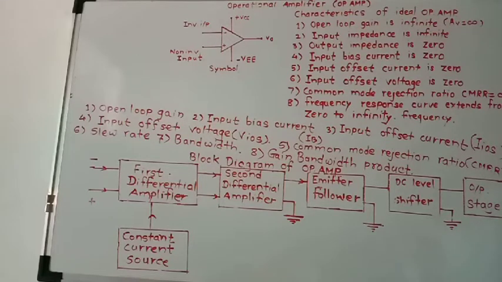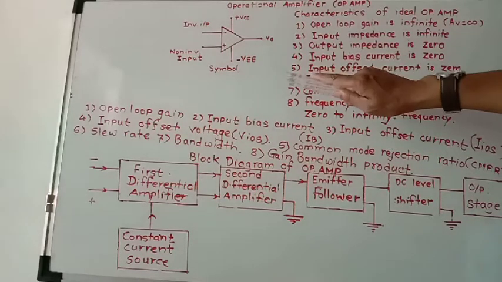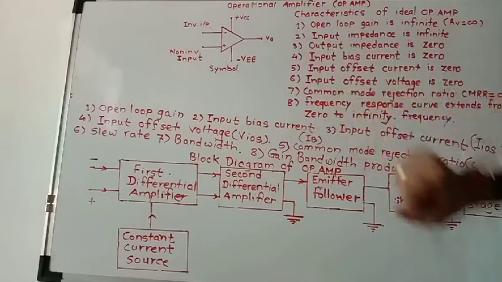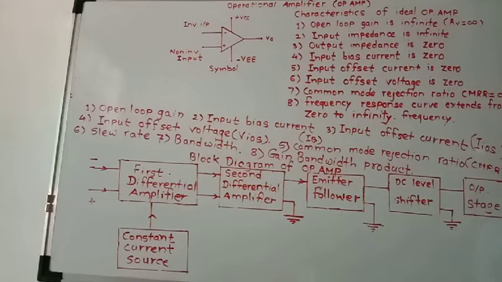Again it can be used as an inverting amplifier, non-inverting amplifier, Schmitt trigger, buffer or voltage follower, and comparator. It can also be used in analog to digital converter circuits. So these are the applications of operational amplifier.